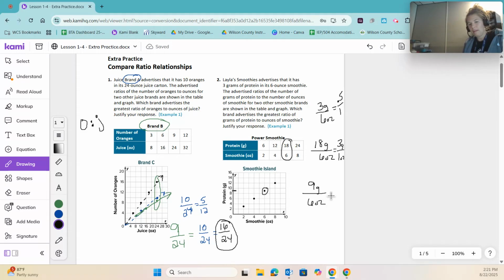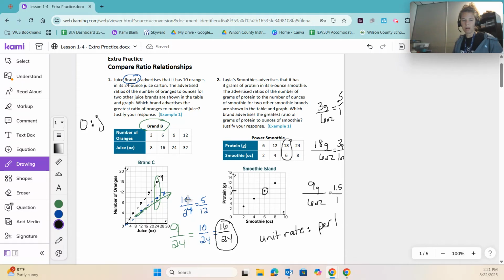And for this one, I'm going to get 1.5 grams per 1 ounce because 9 divided by 6 is 1.5. Okay, so I could also reduce these ratios to a per one. This is called a unit rate. A unit rate is when we look at per one of something. How many is in 1 unit of something?